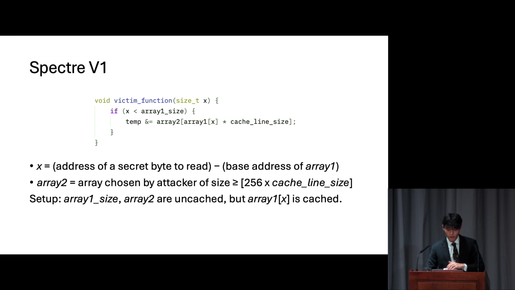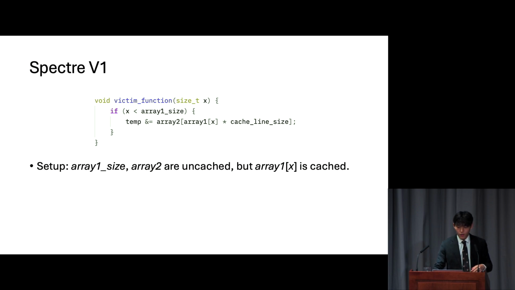Array 2 is also uncached, which we'll see in a second, but array 1 x is cached, so that the line within the if block, which is dependent on array 1 x, can run as soon as possible, while the processor is still unsure about which branch it should have taken.